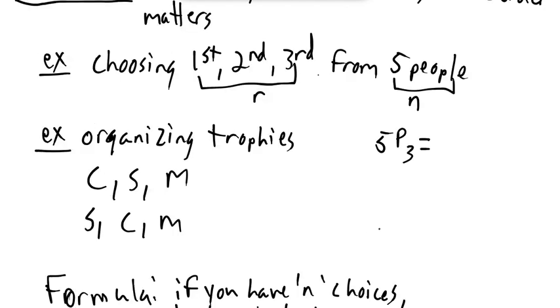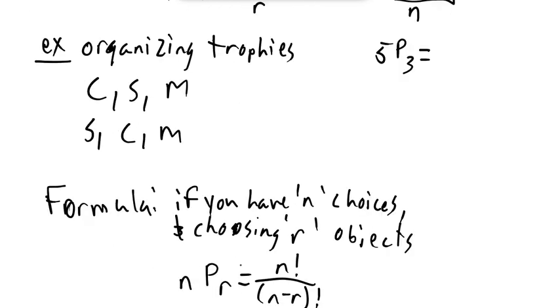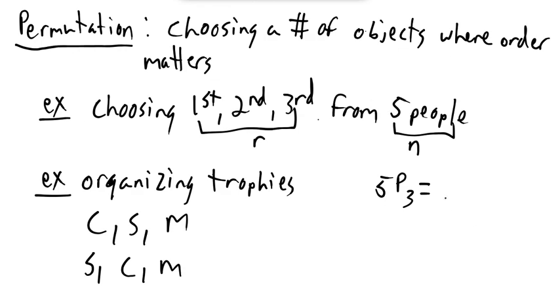All we have to do instead of using this ugly formula is say, all right, we're choosing 3 of these, so we're going to make 3 spaces, and we're going to count down from 5. So starting here, we're going to start with 5, and then we're going to choose 1 less each time. We have 5 choices for the first place position. We have 4 choices, right? We've chosen 1 person for the first place, so we only have 4 choices left.